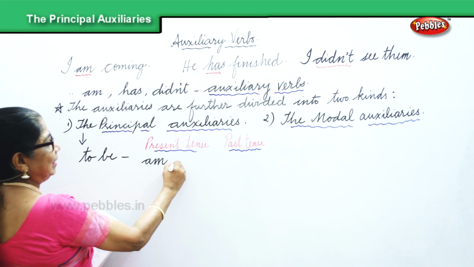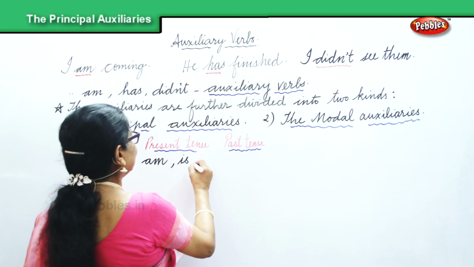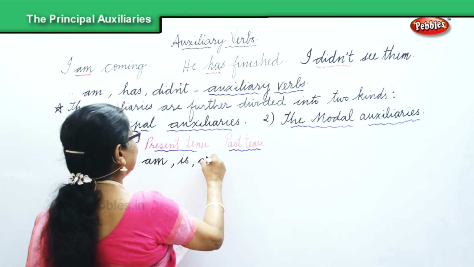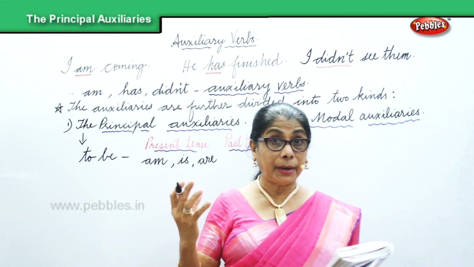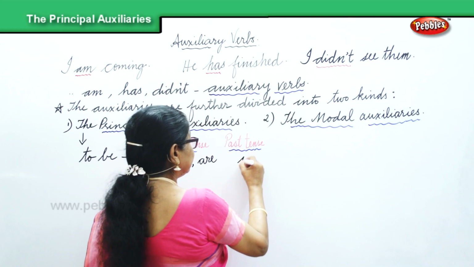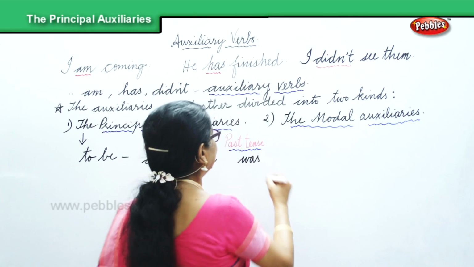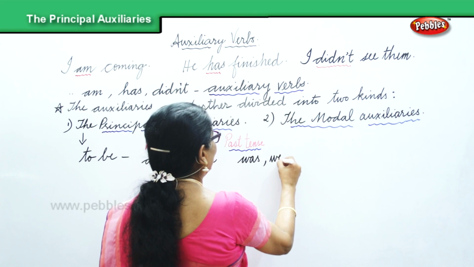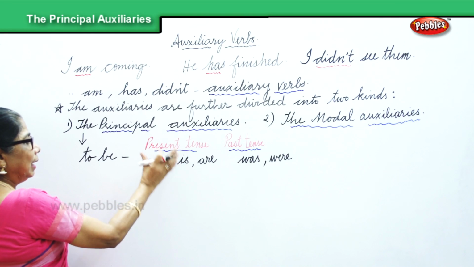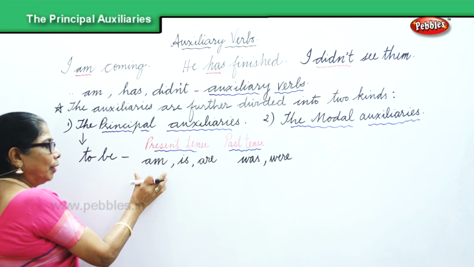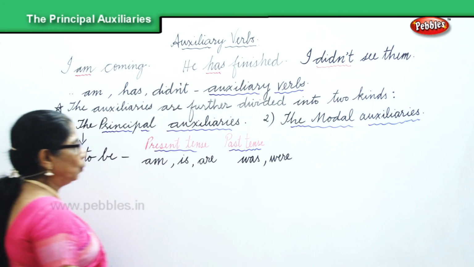Then there is is. This is a pen. Then we have are. These are boys, whatever. Then in the past tense we have was and were. We are talking about the principal auxiliaries, the to be verbs. We have am, is, are, and in the past tense we have was and were.